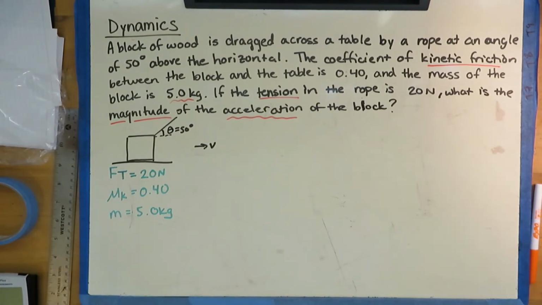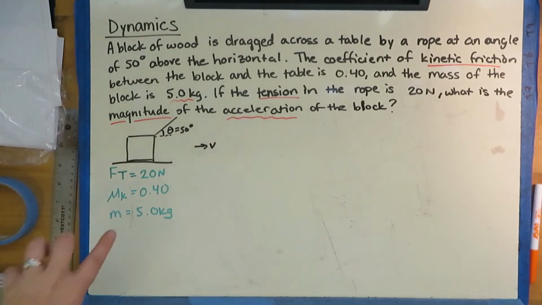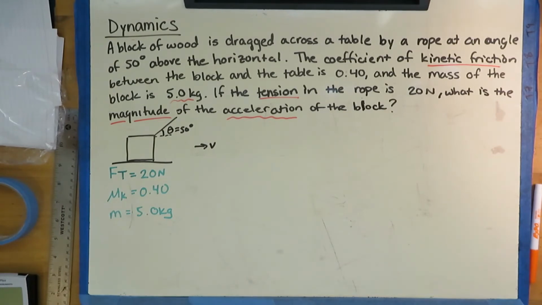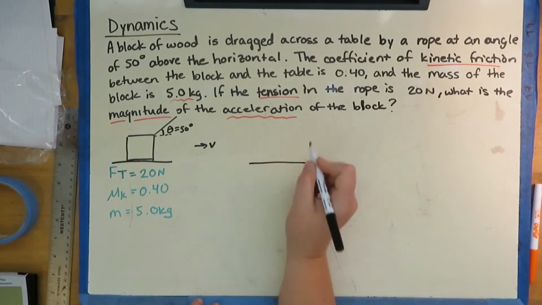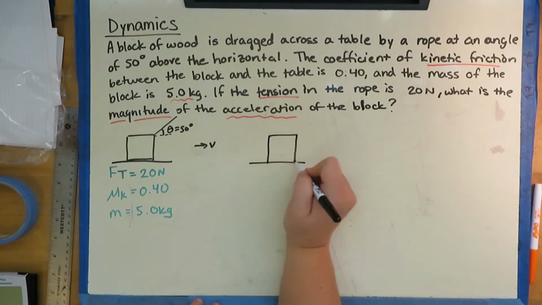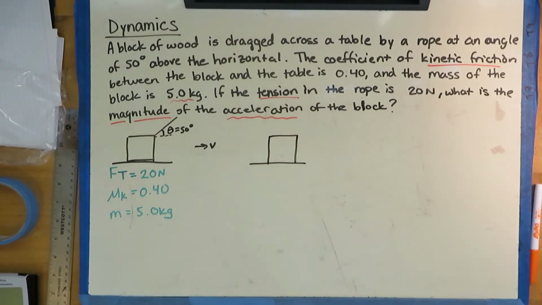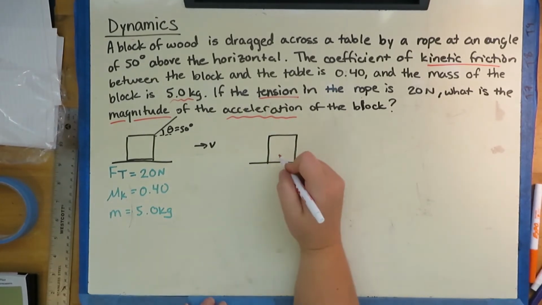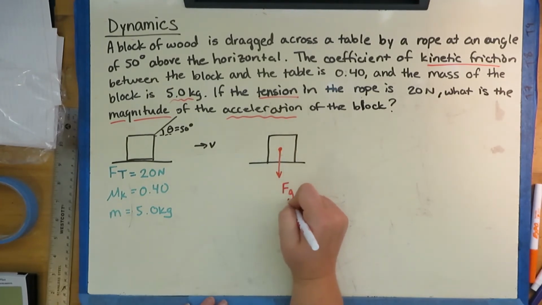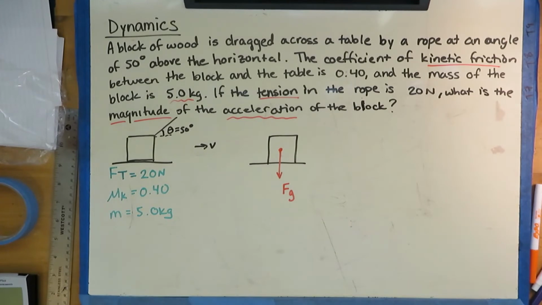So if I wanted to solve this problem, the next step after I've read the problem and gotten a good feeling for what's going on is to draw a free body diagram. So here's my box. I know I'm going to have a gravitational force. We've worked through the setup of this problem several times, so I'm not going to go into extreme detail.